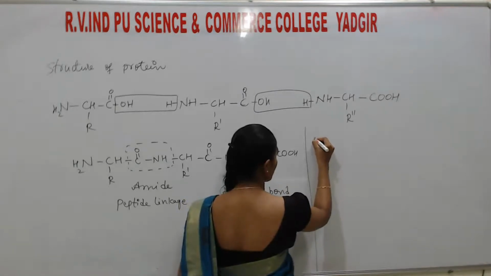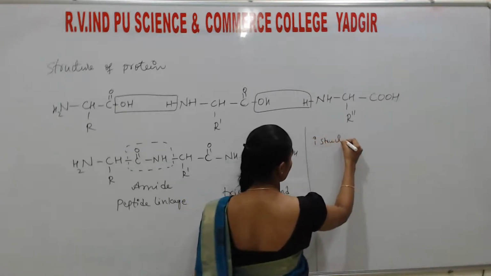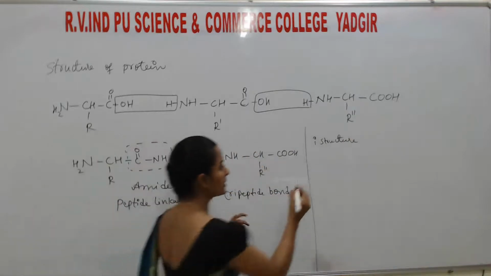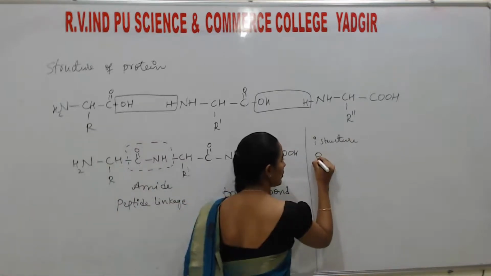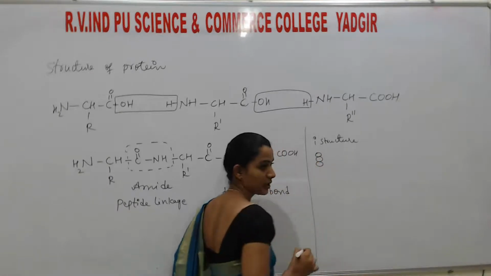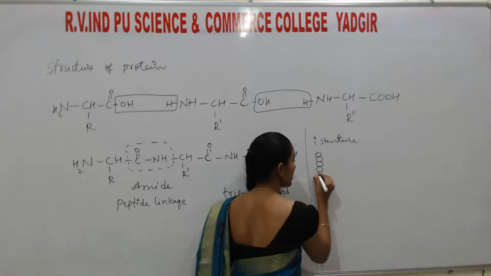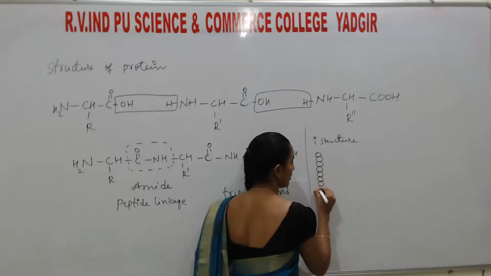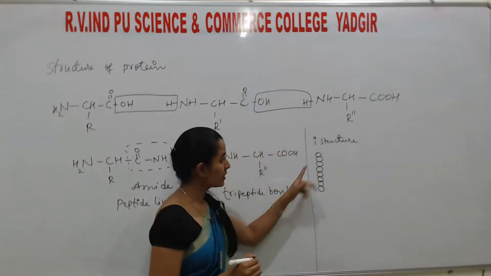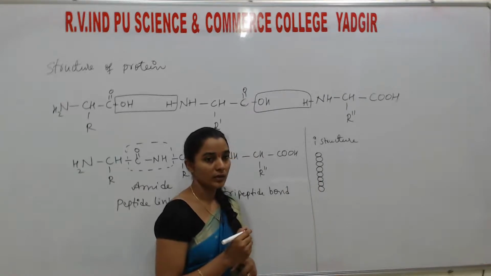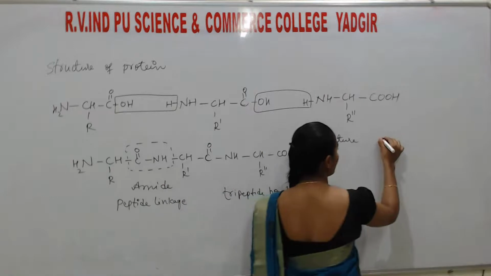The first one is primary structure. In the primary structure, I consider amino acids as spheres. If they are continuously and regularly arranged in a straight chain, this is the primary structure of protein. Understand? Next, the secondary structure is.